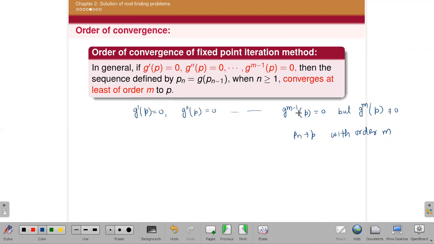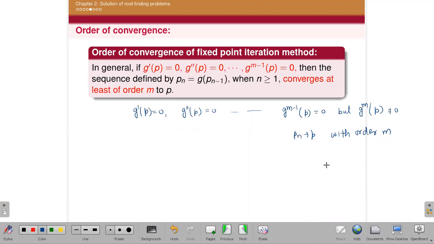Means previous derivatives should be 0 at that point. Actually, you can also prove this by taking the Taylor series up to the mth order. So all the previous terms will be 0. So in that case, you will get Pn plus 1 minus p divided by Pn minus p raised to power m. Then in the right hand side, you will get some number which is non-zero. So this is the order m.